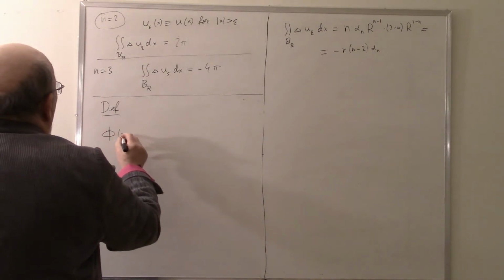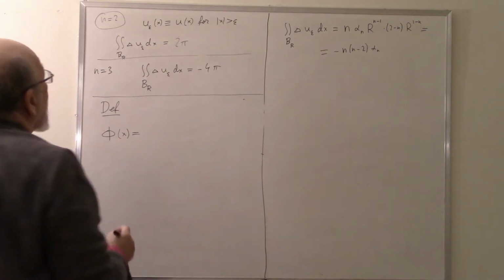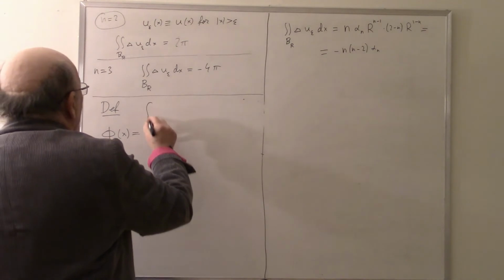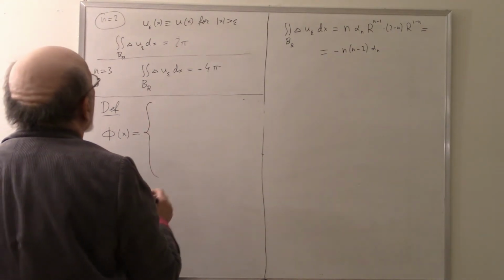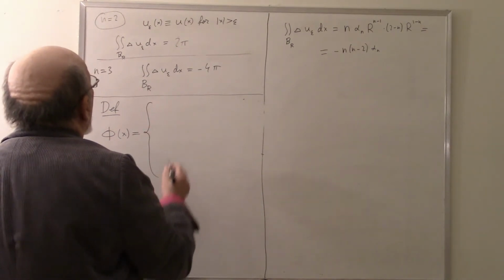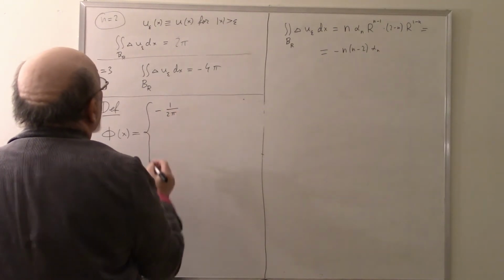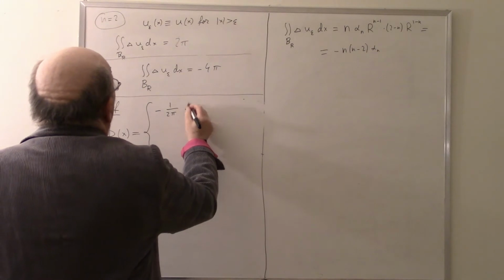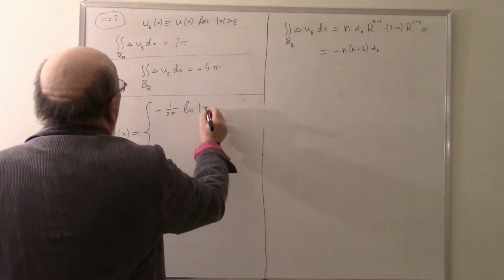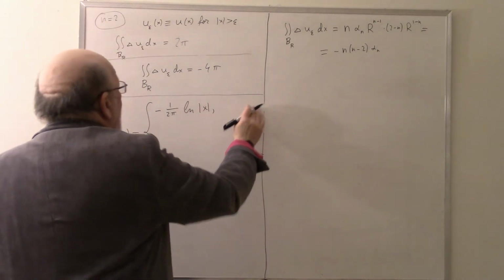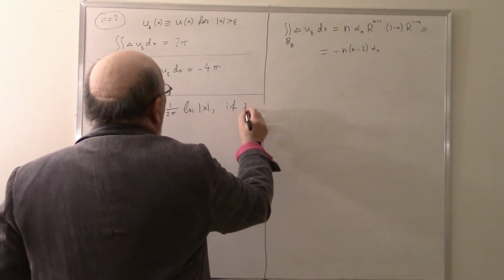Phi of x equals minus 1 over 2 pi logarithm module x if n equal 2.